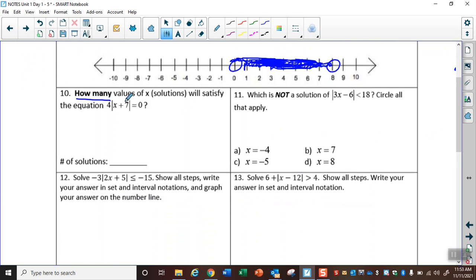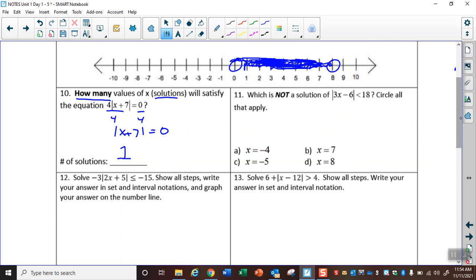How many values? Okay, well, if I divide by 4 to get the absolute value by itself, I get the absolute value of x plus 7. Normally, absolute value has 2 solutions, right? But 0, negative 0, and positive 0 are the same thing. So there's only going to be one solution.